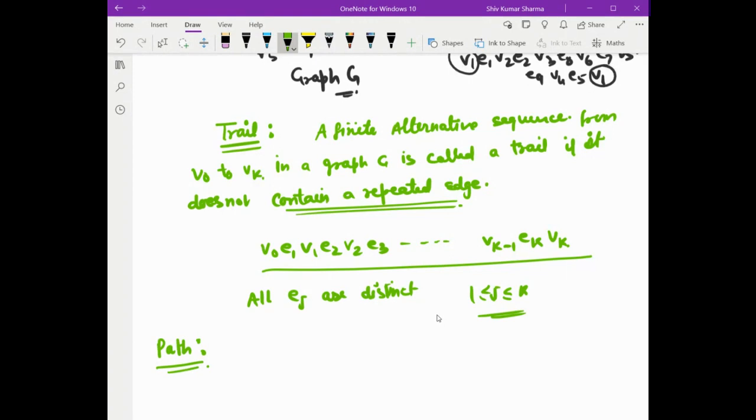So we make a comparison table when we define all of walk, trail, path and circuit. Which one allows repetition of vertices, which one allows repetition of edges. So we can understand and remember all the definitions. Okay, you noted it? Definition of trail: a trail does not contain a repeated edge.